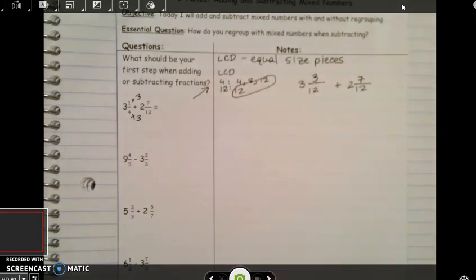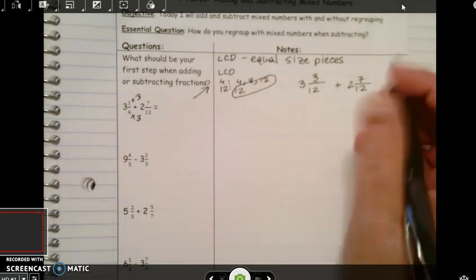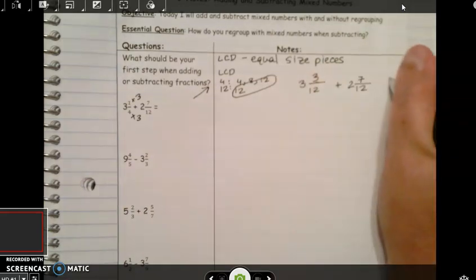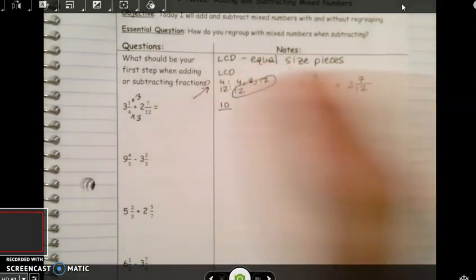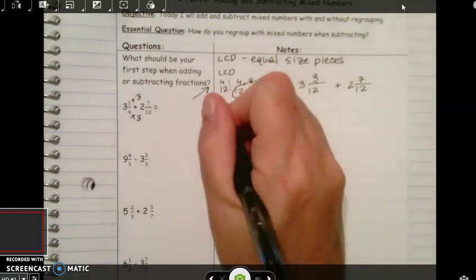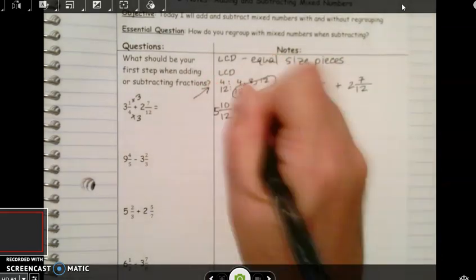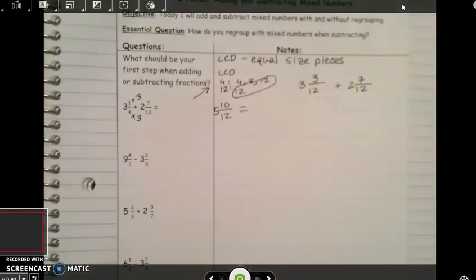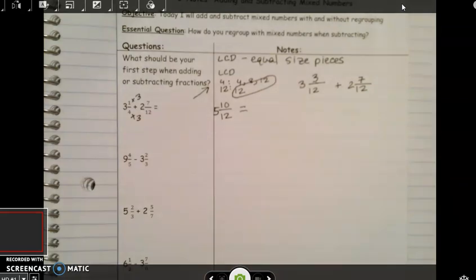So I'm just double checking my work, looking this over, it looks correct to me. So now I'm going to add my numerators, 3 plus 3, which is 10. I'm going to put it over here. And then the denominator is 12. The whole number is 3 plus 2, which is 5. Now, hopefully you can tell these are both even, so it will simplify.